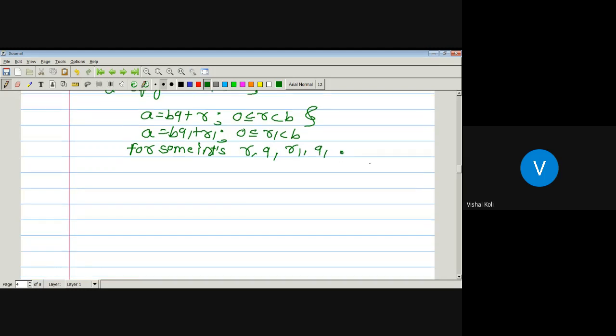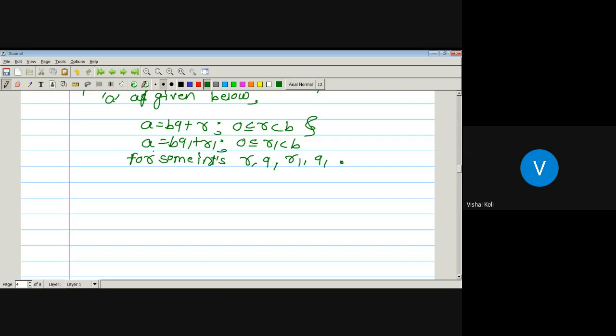Now, as A equals BQ plus R and A equals BQ1 plus R1, the LHS is the same.